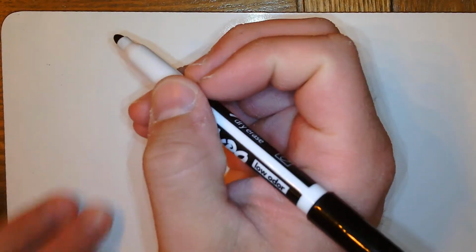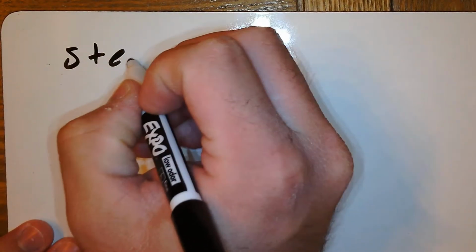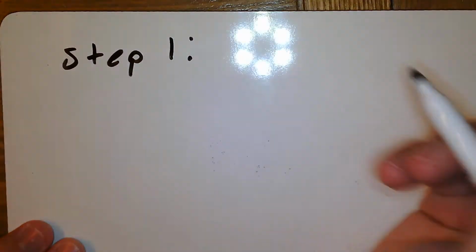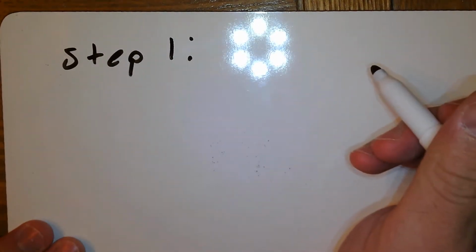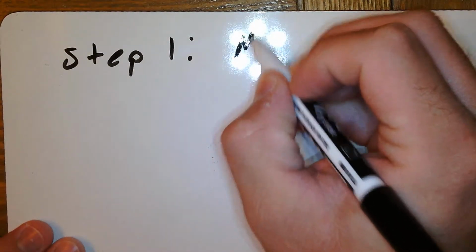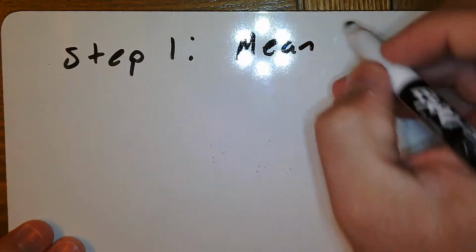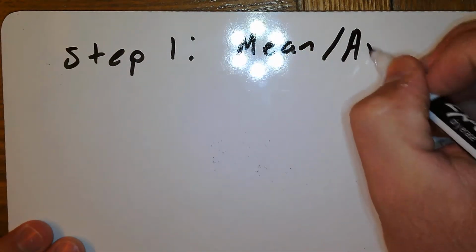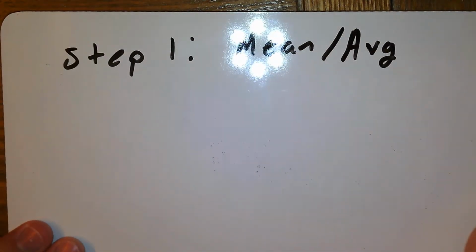So, mean absolute deviation. First step, we have to find the mean or the average for the data that's given.